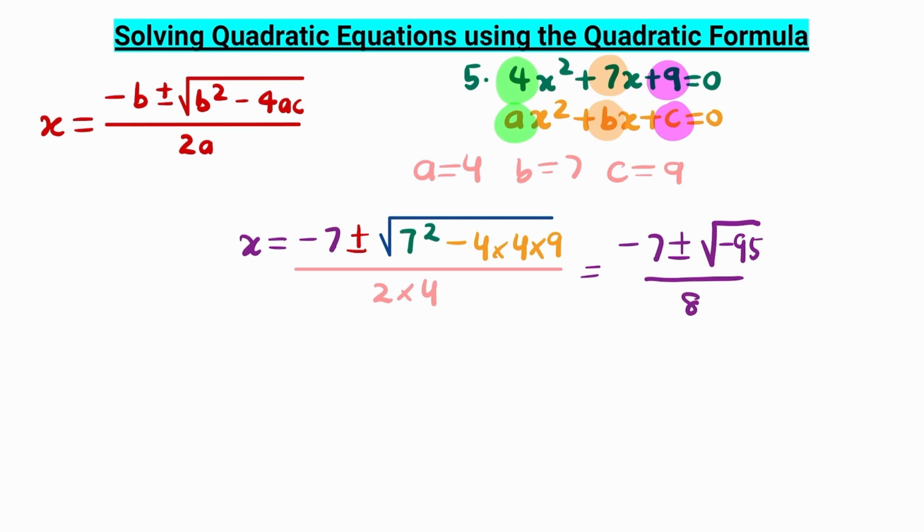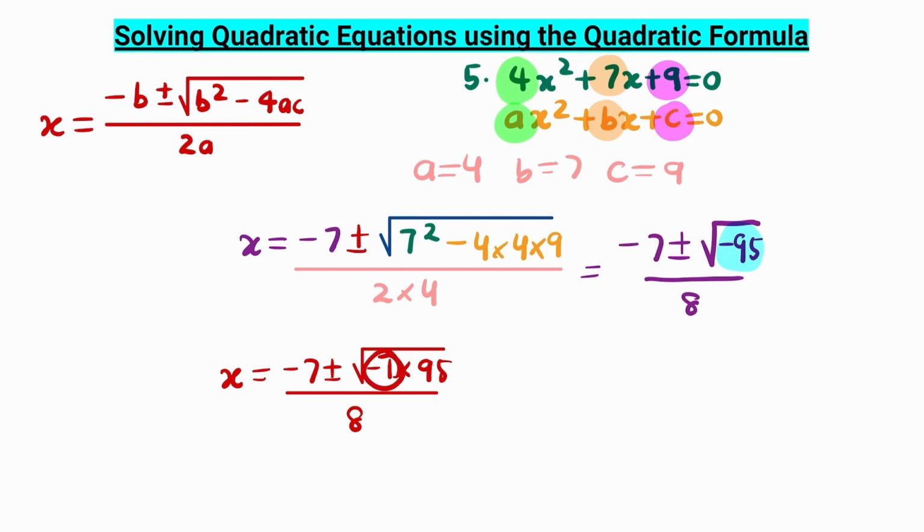Now here, can you see that we have minus 95 within the square root? Can we take the square root of negative values? No, the square root of negative values are imaginary numbers. So if we write this as an imaginary number, it will be x equals minus 7 plus or minus the square root of minus 95. We can rewrite it as the square root of minus 1 multiplied by the square root of 95 over 8. Now we can take the square root of minus 1.